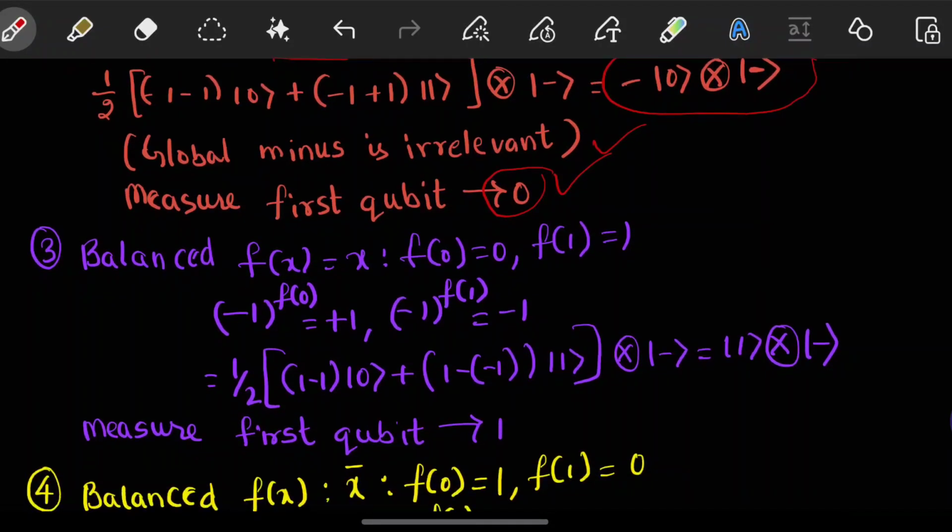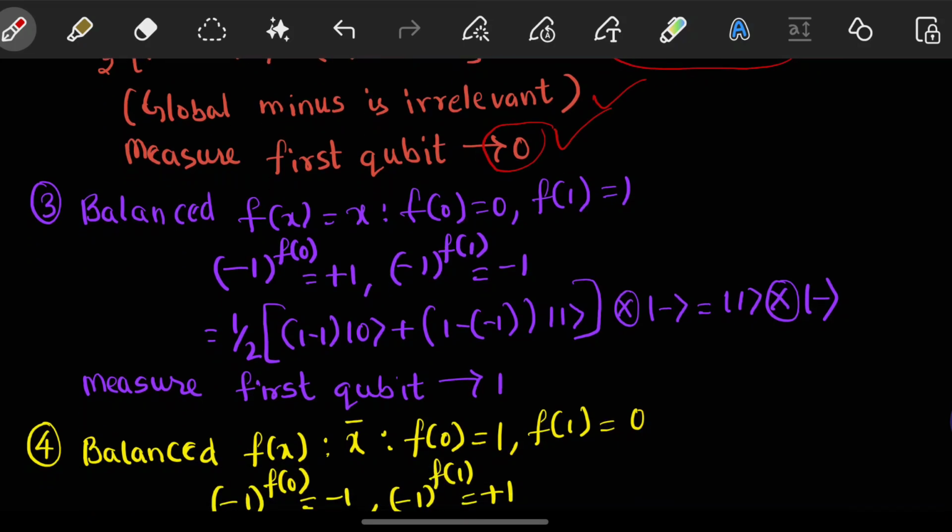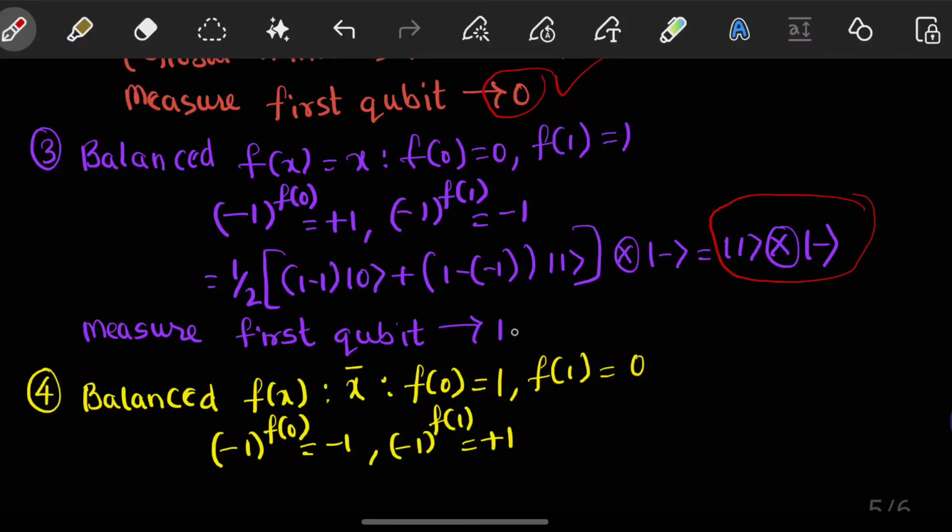Now come to the balanced one. In the balanced one, you need to take one as 0 and another one as 1, and vice versa in the other case. If I substitute these values, I will end up getting ket 1 tensor product with ket minus. So I can measure the first qubit as 1.